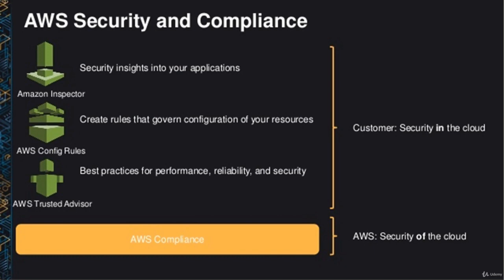With Inspector, you can derive the security insights that are relevant for your applications. With Config Rules, you can create rules that govern the configuration of your resources. And with Trusted Advisor, it will give you advice on best practices for performance, reliability, and security. You can use Inspector in combination with these two services.